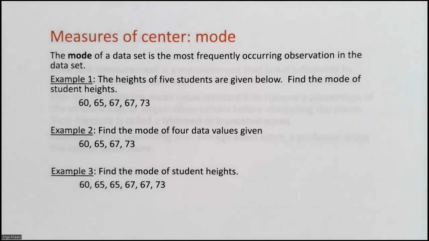The next measure of center that we're going to be talking about is the mode of the data set. The mode of the data set is the most frequently occurring value in the data set. For example, when would it be useful? Say we're looking at an athlete who is a distance jumper.